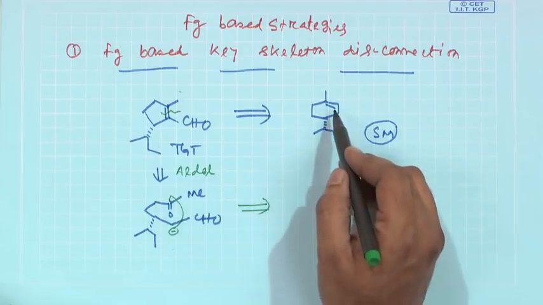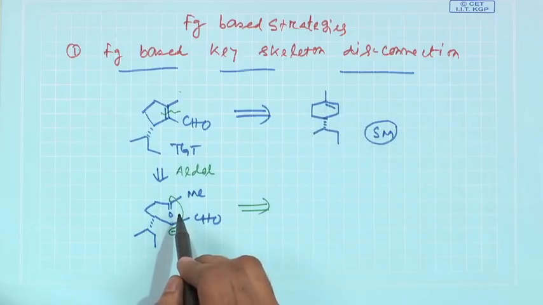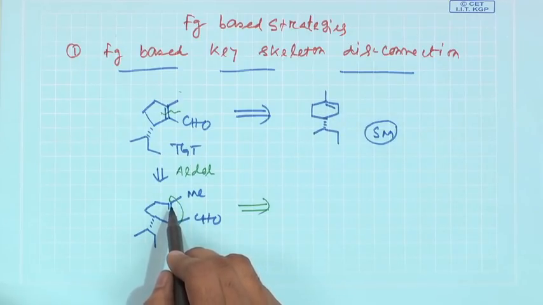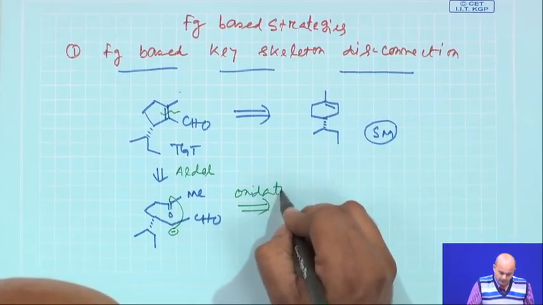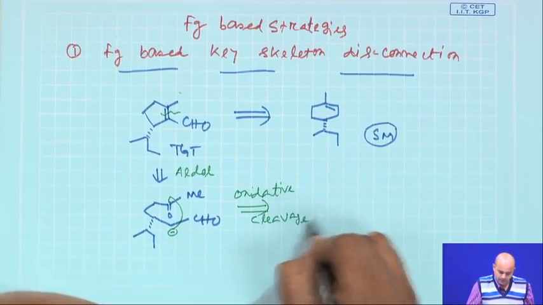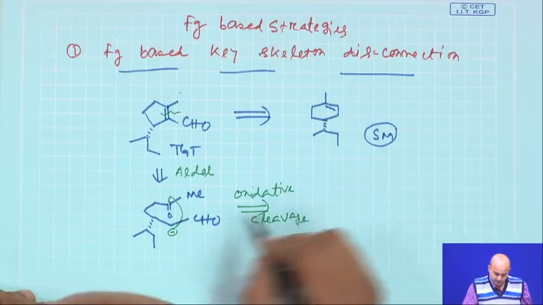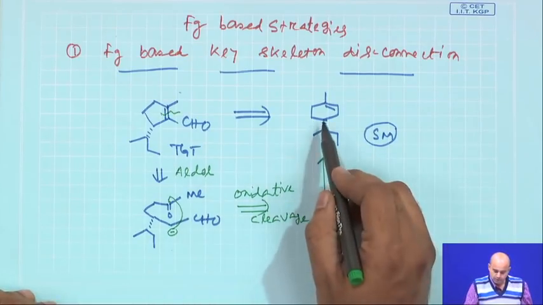Now, you see, the only active functional group present in the starting material is the olefinic functional group, and this compound does have a dicarbonyl functionality. So, in principle, you can think about doing a simple oxidative cleavage. This kind of oxidative cleavage we have discussed earlier, and it basically correlates to the starting material.